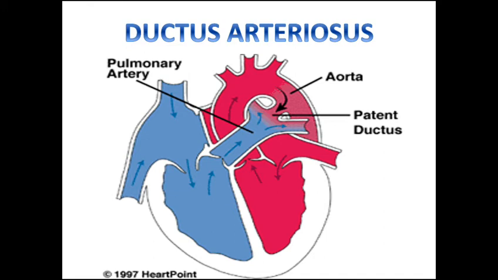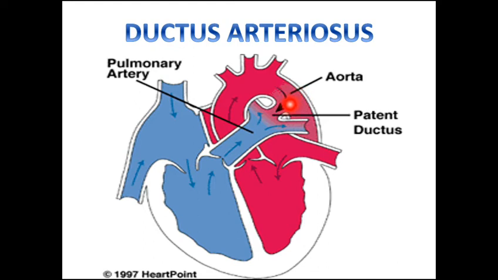Now we are coming on to the fourth structure, that is ductus arteriosus. The meaning of ductus arteriosus is a connection between the two arteries. Arteriosus means arteries, and ductus arteriosus represents a connection or a shunt between the two arteries. So if you see here, this one is the pulmonary artery, coming out from the right ventricle, whereas this is the aorta, coming out from the left ventricle.